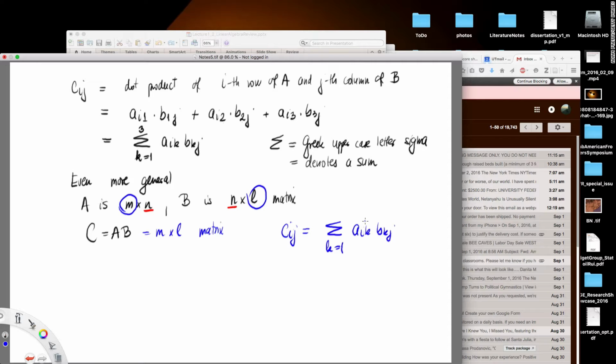So how many of these in the sum? N. That's this dimension that has to match. So I have matching pairs, right? Okay. So this is the dimension that had to match.